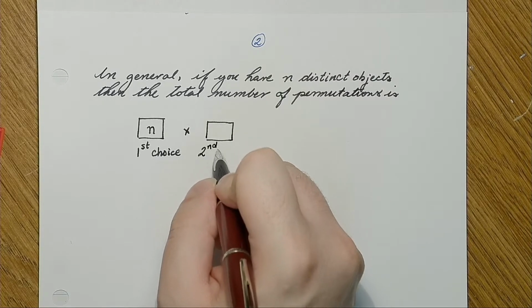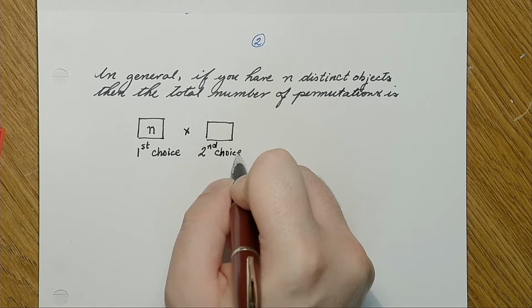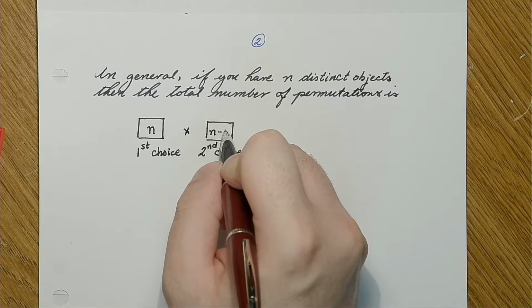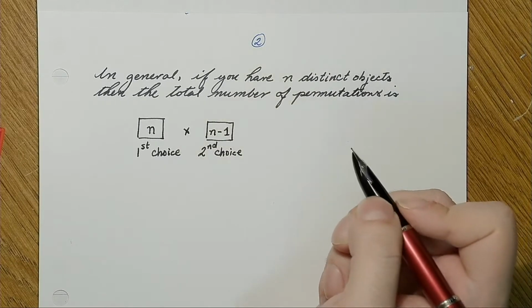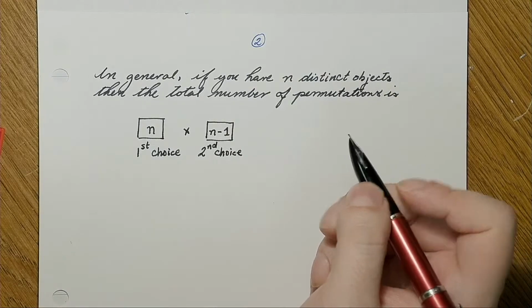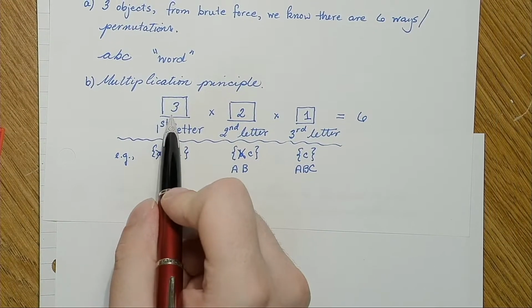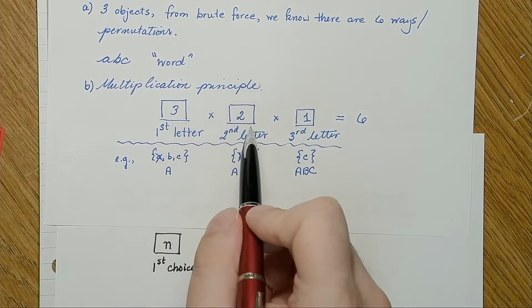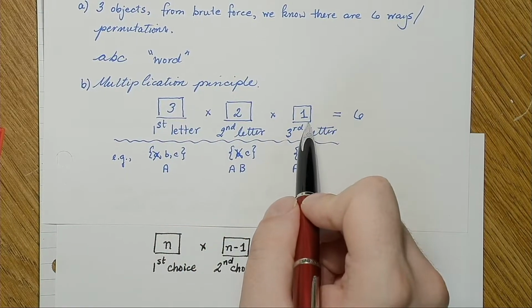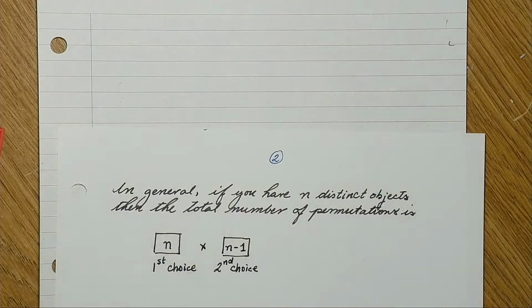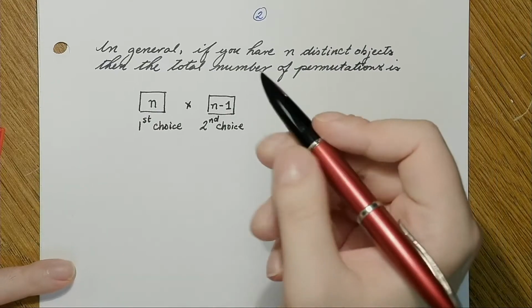For that second choice, you'll have n minus 1. So same idea as what we're doing here. So I started out with 3 objects. In the next one, there's 1 less. In the next one, there's 1 less until we get to 1. So, same idea.